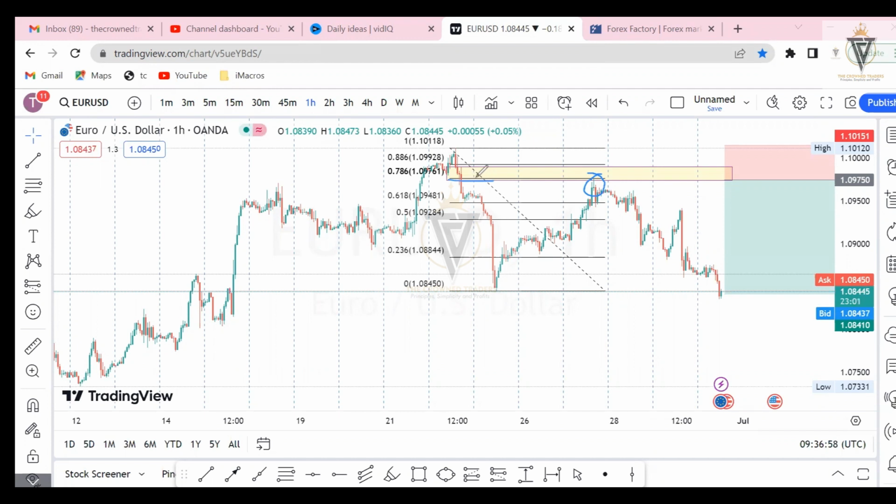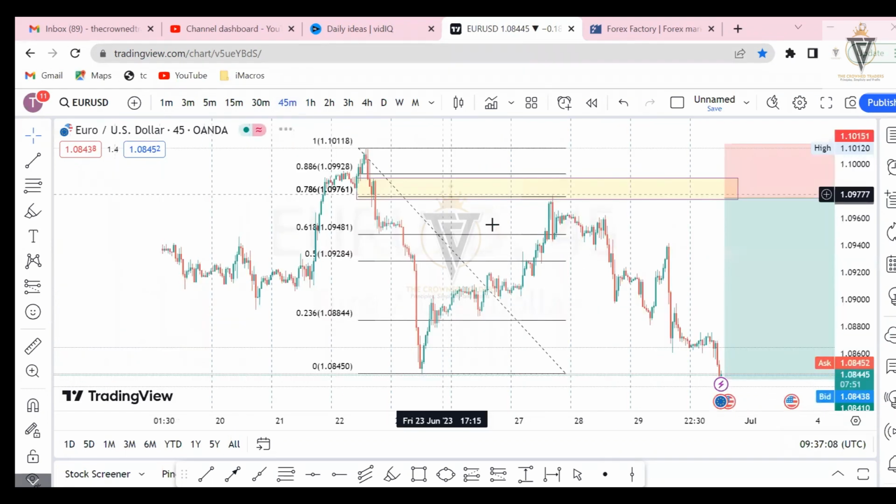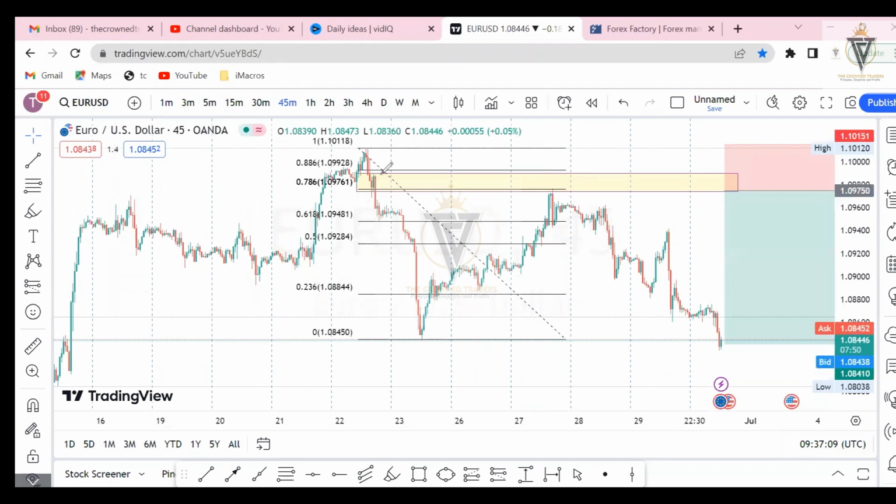It also has an order on a lower time frame, an M45 order here, where the sellers took over the market and went down. When the order was filled, it continued the original trend, which is a downward trend on the monthly time frame.